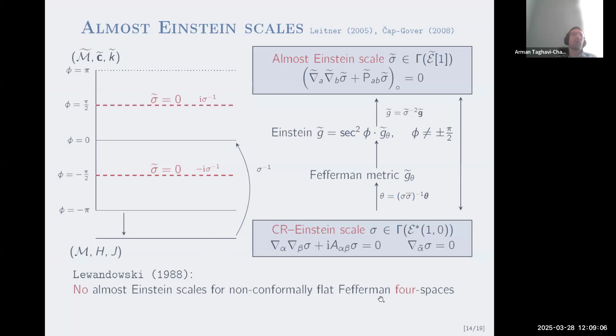So in dimension 4, everything is a little bit too boring with Fefferman metrics or Fefferman conformal structures, in the sense that they do not contain any Einstein metrics off these zero sections unless the manifold is conformally flat. So Jurek did not use the terminology almost Einstein scales, but this is what his result was about.